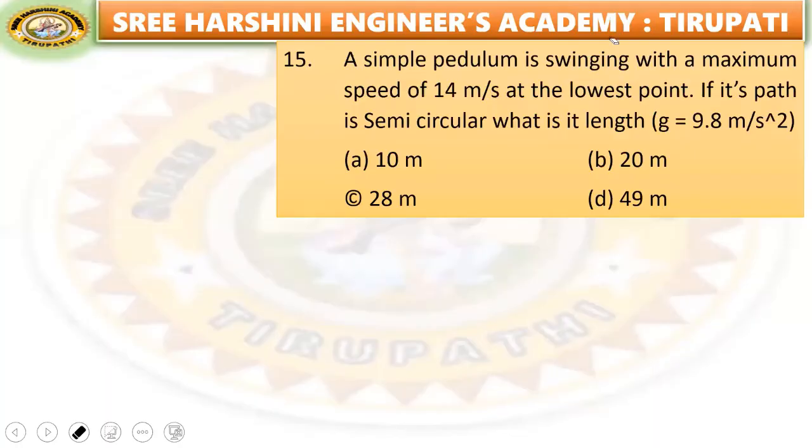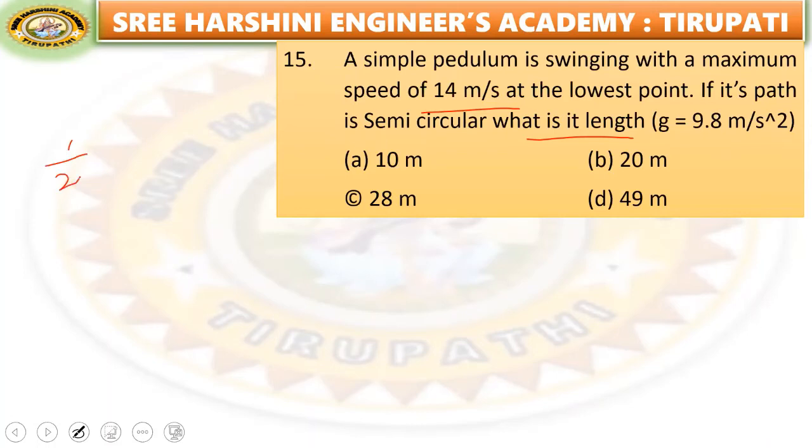The 15th question is, a simple pendulum is swinging with a maximum speed of 14 meter per second at the lowest point. If its path is semicircular, what is the length? Kinetic energy at the lowest point is equal to potential energy at the highest point. The path is semicircular, so the highest point height is r.